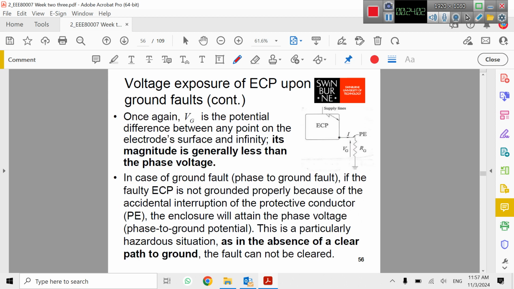Then this voltage is between any point on the electrode surface and infinity. Its magnitude is generally less than the phase voltage. So consider this case. Of course, the voltage here is not the same as the phase voltage, but somehow is a function or proportion of that one.